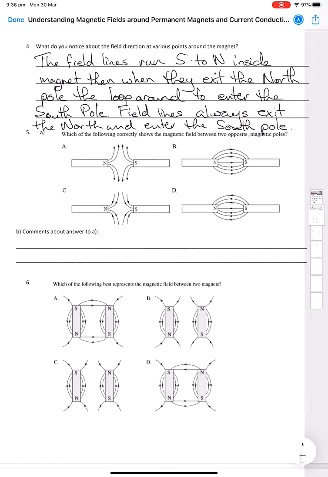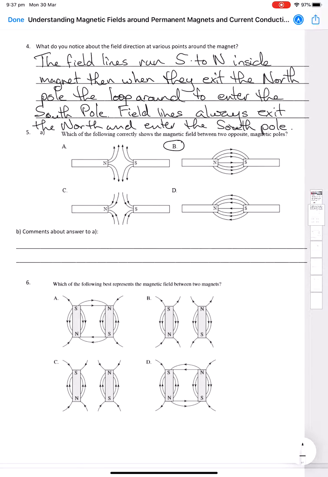So we know north and south attract each other, and therefore we should be drawing the lines connecting. The question is, which of the diagrams, B or D, are showing the field lines in the correct direction? Take a moment to look at it, and hopefully you selected B, because fields always exit the north and enter the South Pole.